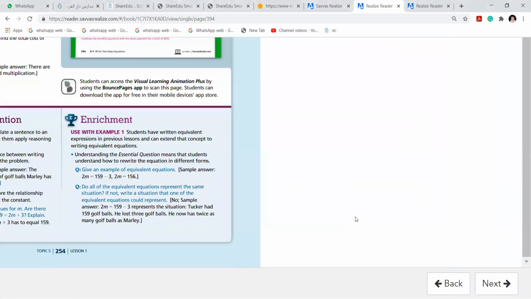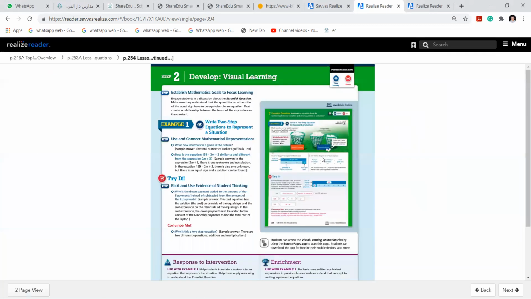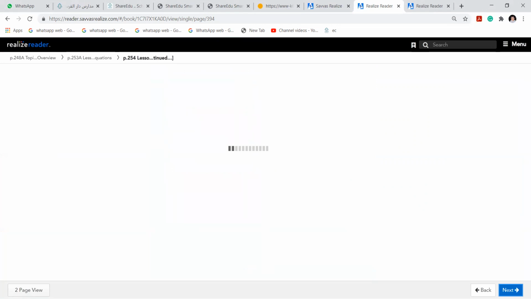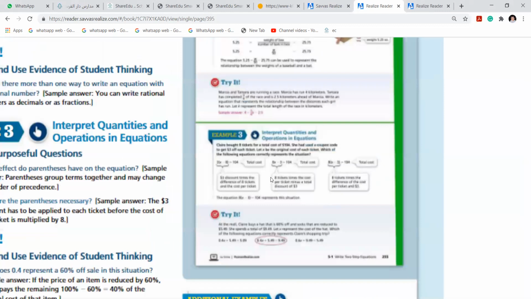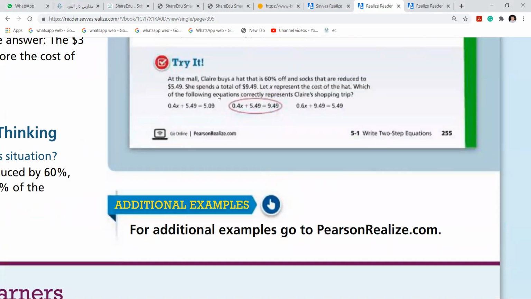Okay. At the mall, Clary buys a hat that is 60% off and socks that are reduced to 5.49.